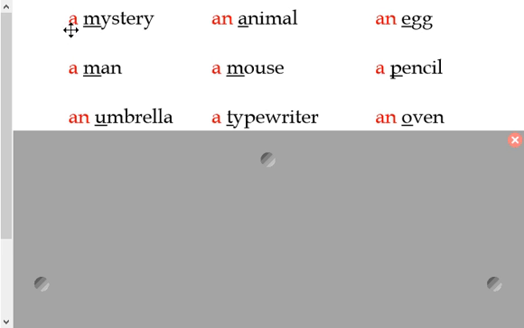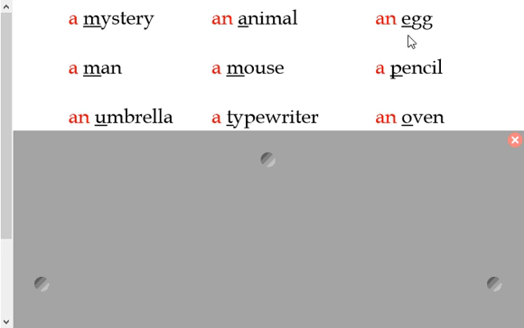What I think is really important here is that if you look, for example, M is a consonant because it's not a vowel. It has a in front of it: a mystery. Whereas animal starts with a vowel, A, and in front of that vowel is an.